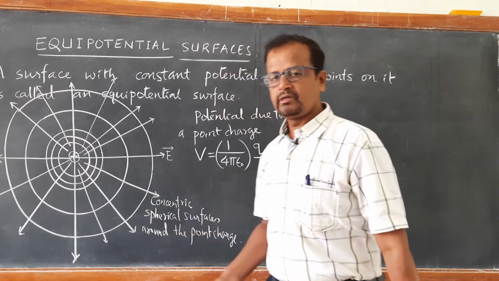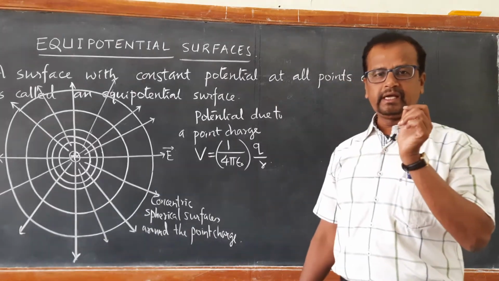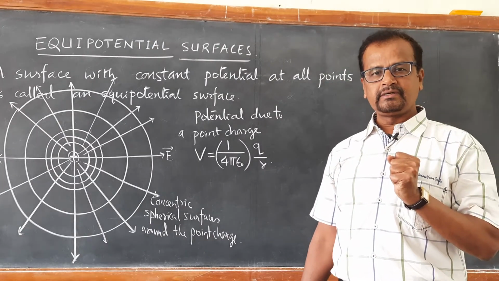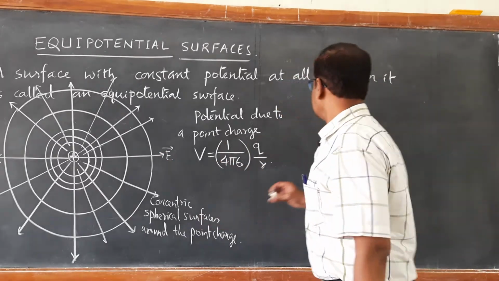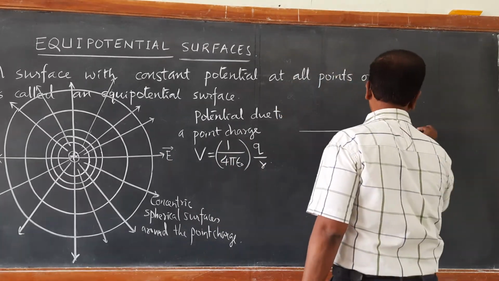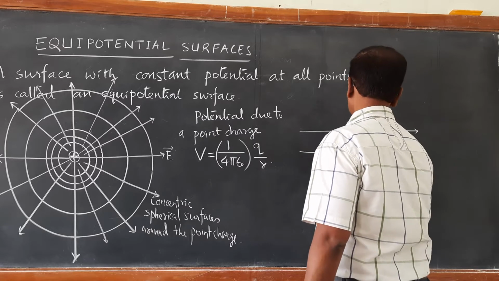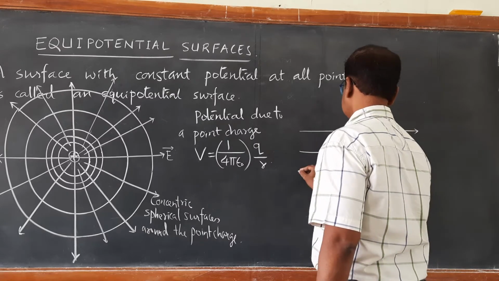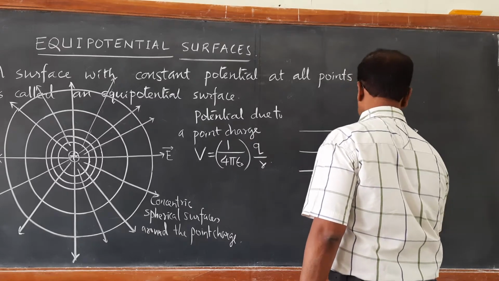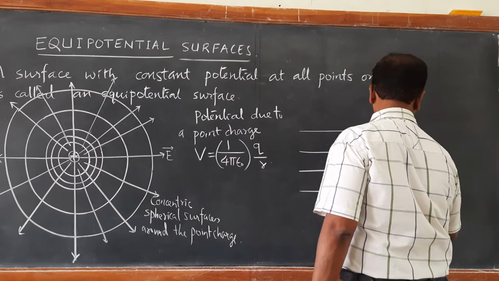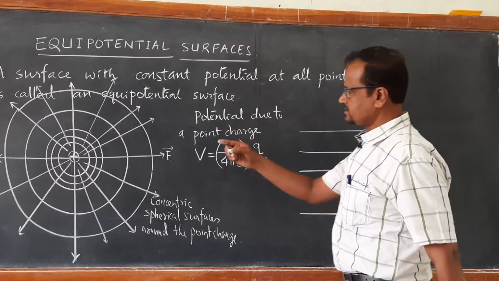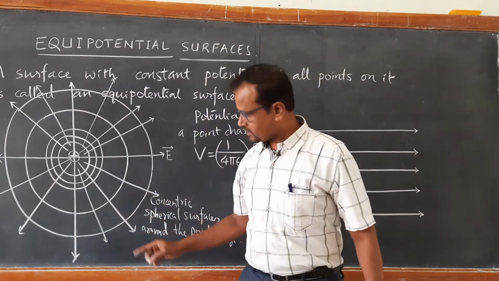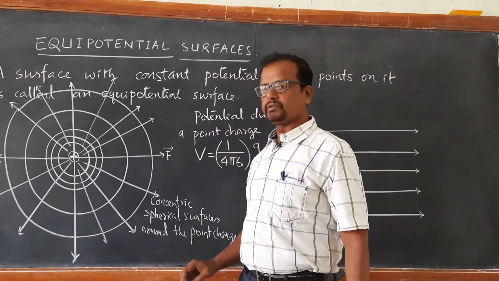Now, let us draw the very interesting equipotential surfaces for a uniform electric field. This is a radial electric field, right? If it is a uniform electric field, then how does the equipotential surface appear? Now, look at this. At every point, the electric field is radially outwards.